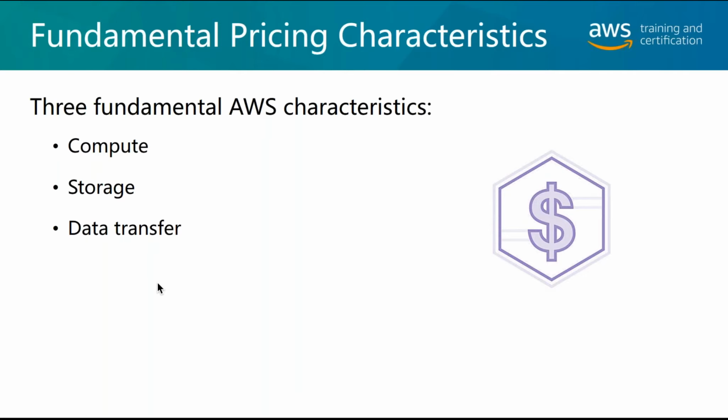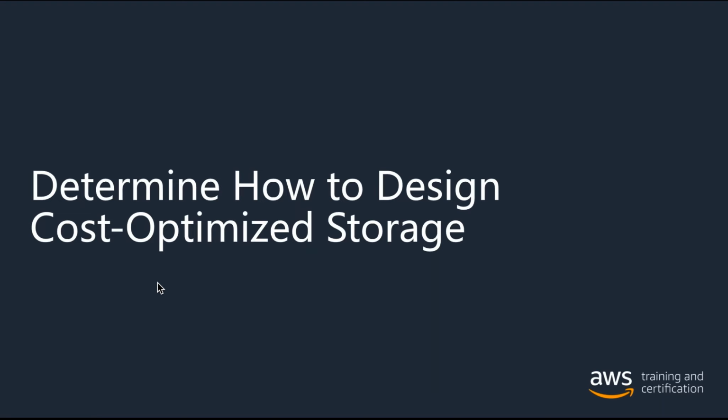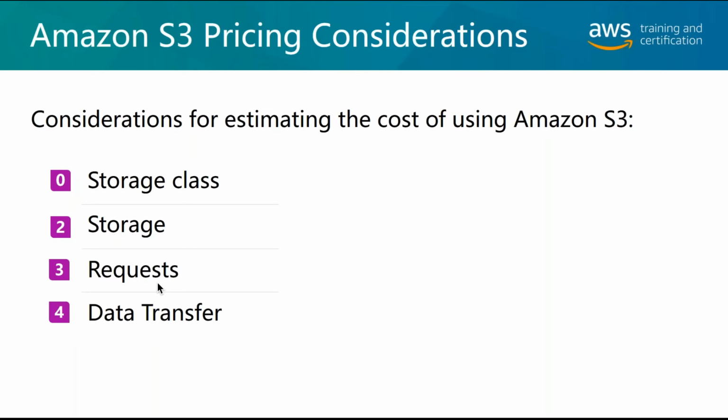So we said that when we're designing an architecture, we can be using EC2, we can be using serverless, we could be using storage such as EBS, we can be using object storage, and then there's the data transfer aspect of it.